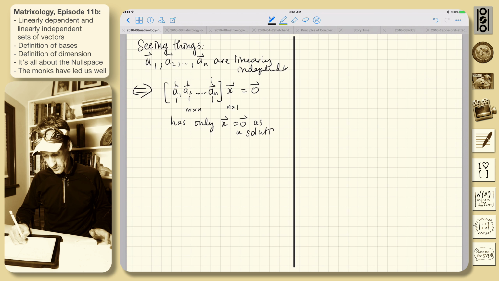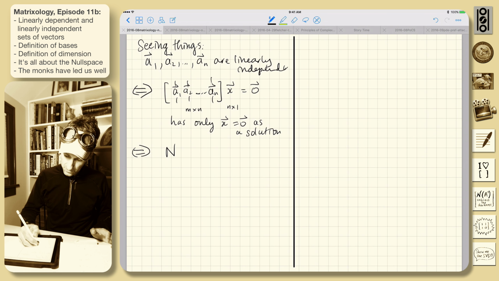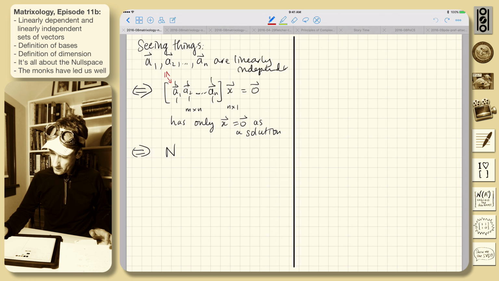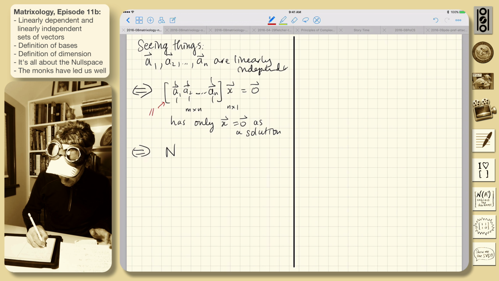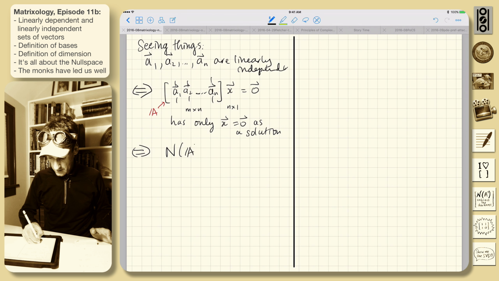It's the only solution, which is the same as saying the null space of A is equal to the 0 vector.